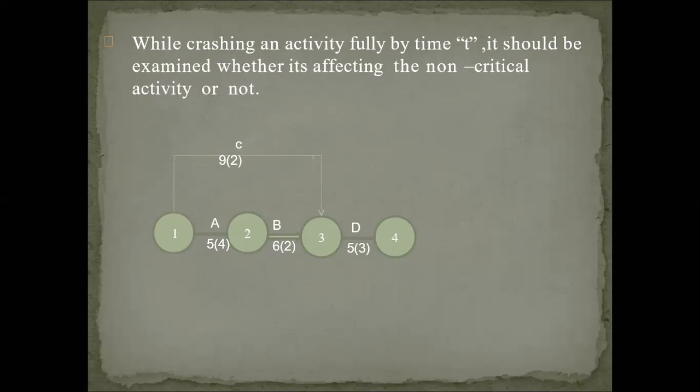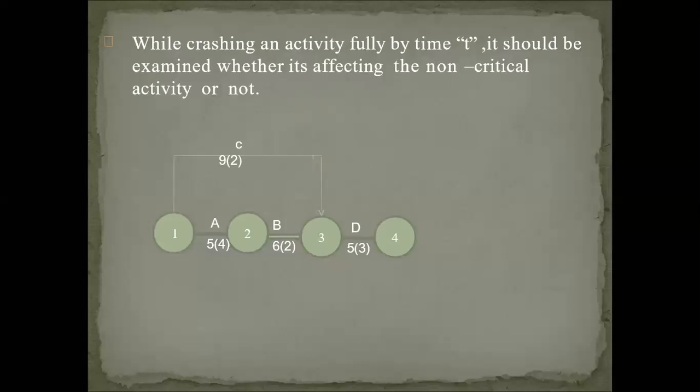There are two notations here: activity A, activity B, activity C, and activity D. Below each activity there are two numbers. One number is written in brackets and one number is written outside the brackets. That we have to understand first.